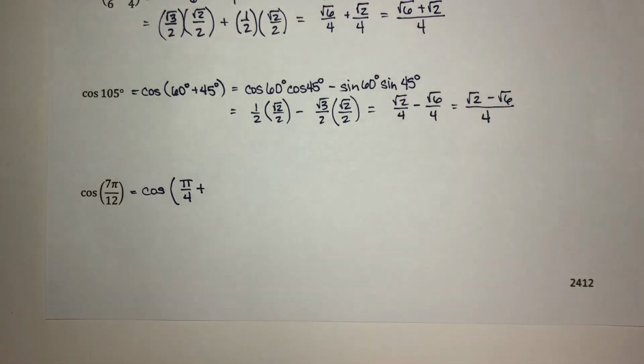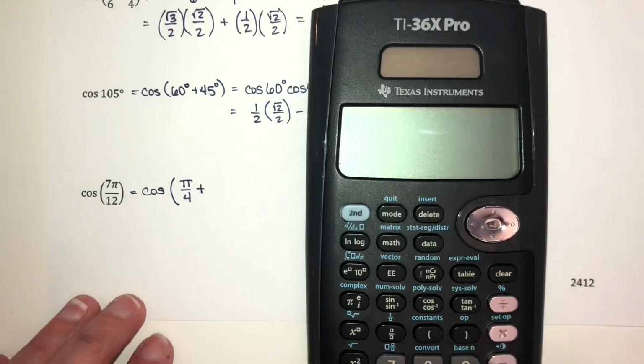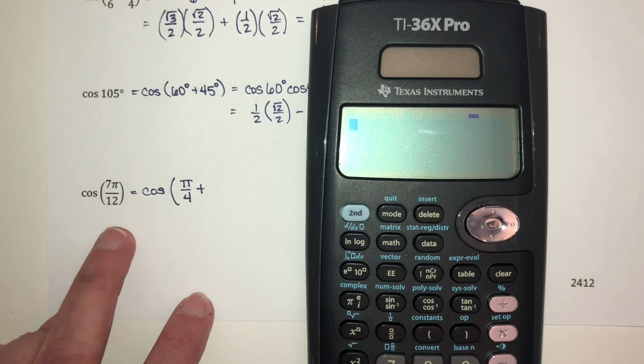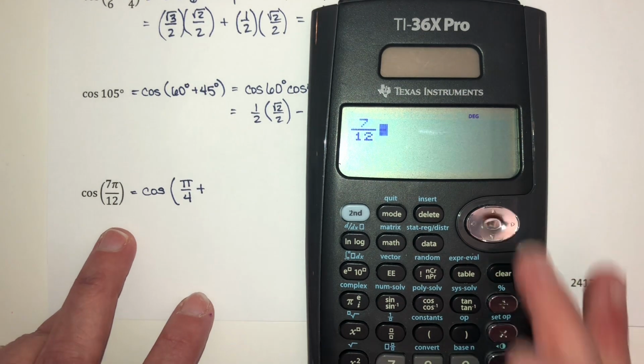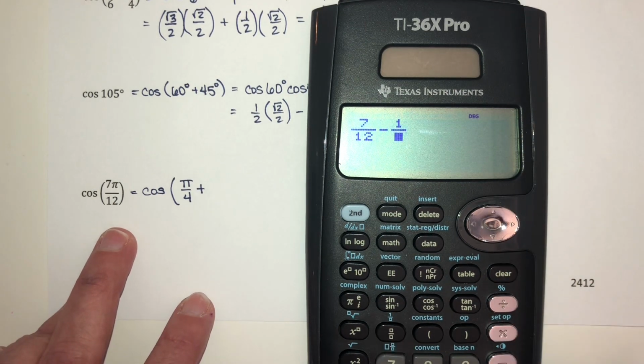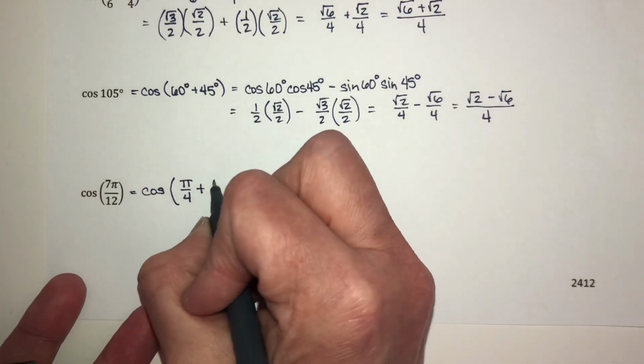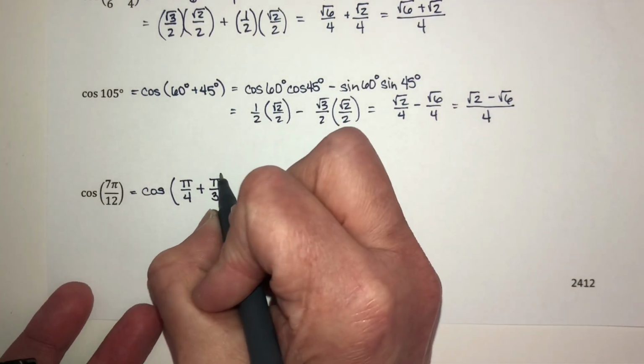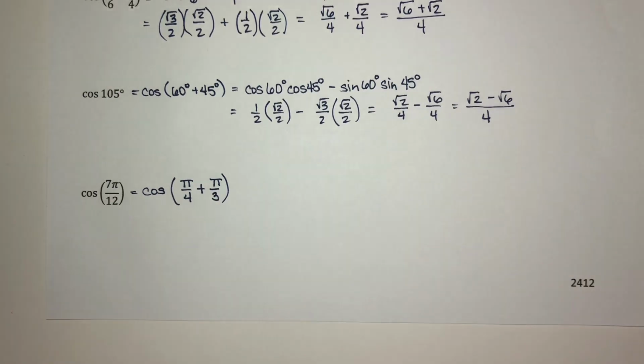So it's pi over 4 plus something. And if you're not sure, you can use your calculator and do 7/12 minus 1/4, because the pi is a like term, and you get 1/3. So pi over 4 plus pi over 3 will give me 7 pi over 12.